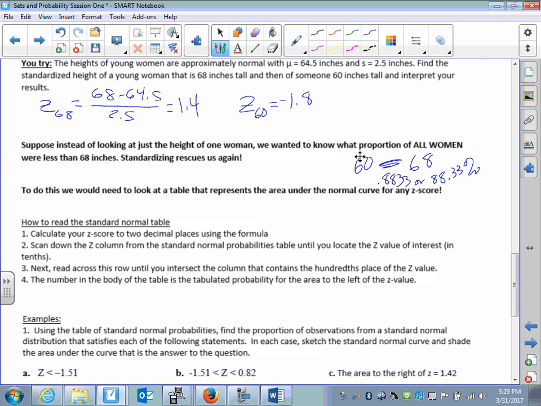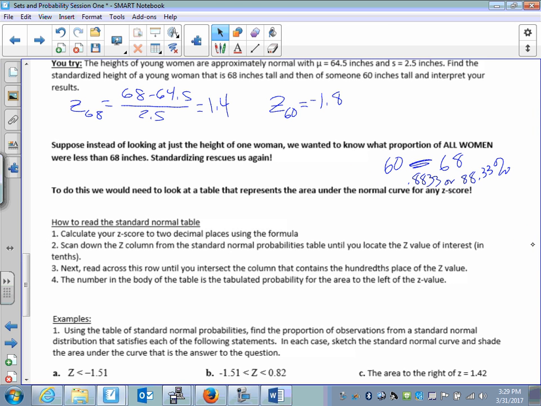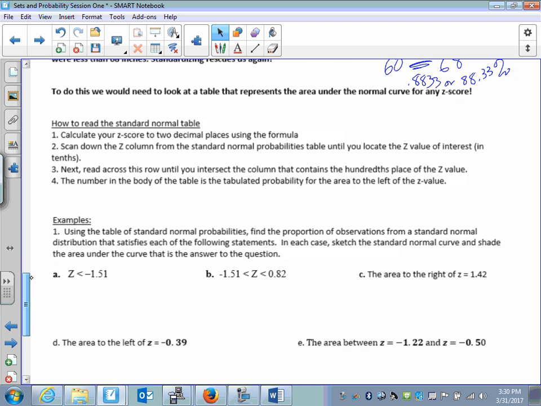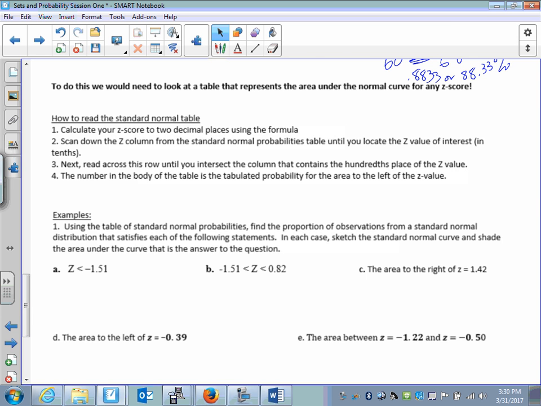Now, Ms. Weaver has put in here some suggestions as to how to do this. To calculate, how do you read the standard normal table? First of all, calculate the z-scores to 2 decimal places using the formula.